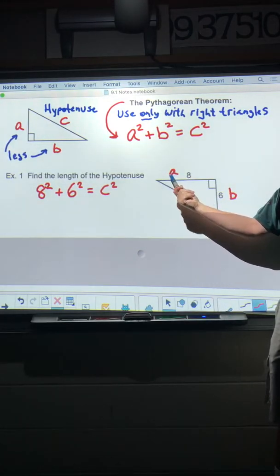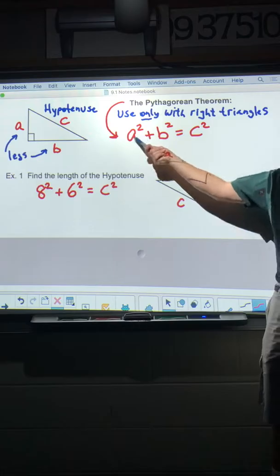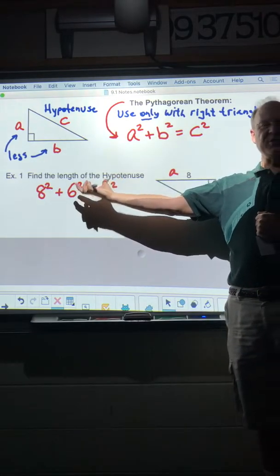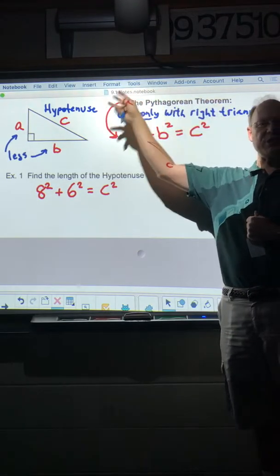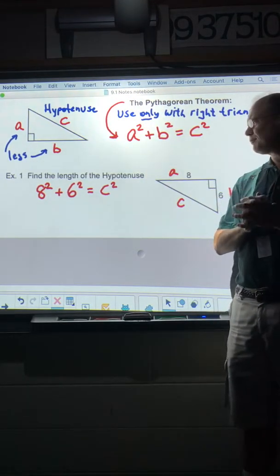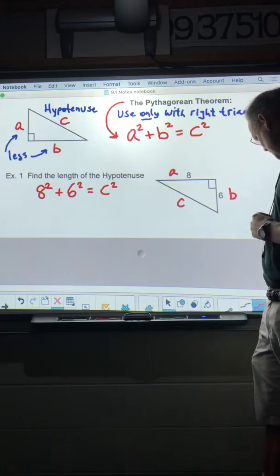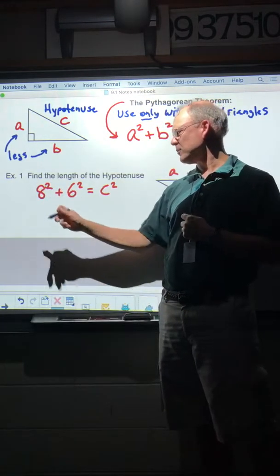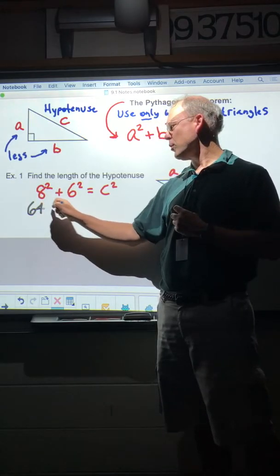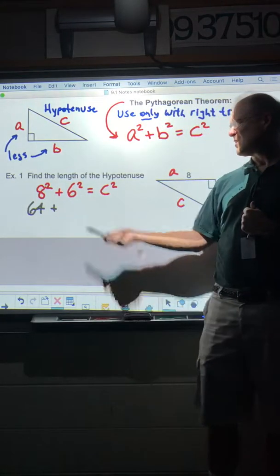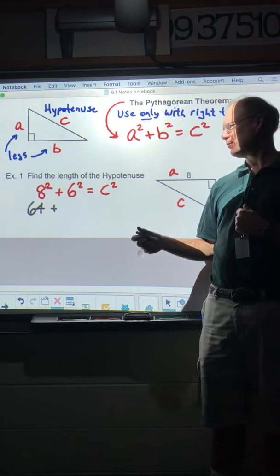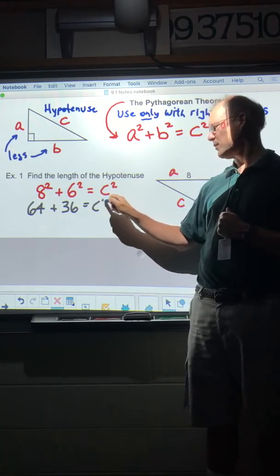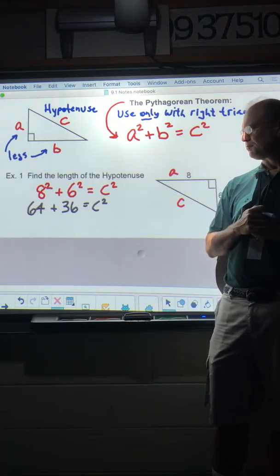So I put 8 in for A, I put 6 in for B. And now this is very similar to one of the first equations we talked about, right? So do 8 times 8, 8 to the second power, that's 64. 6 times 6 is 36.